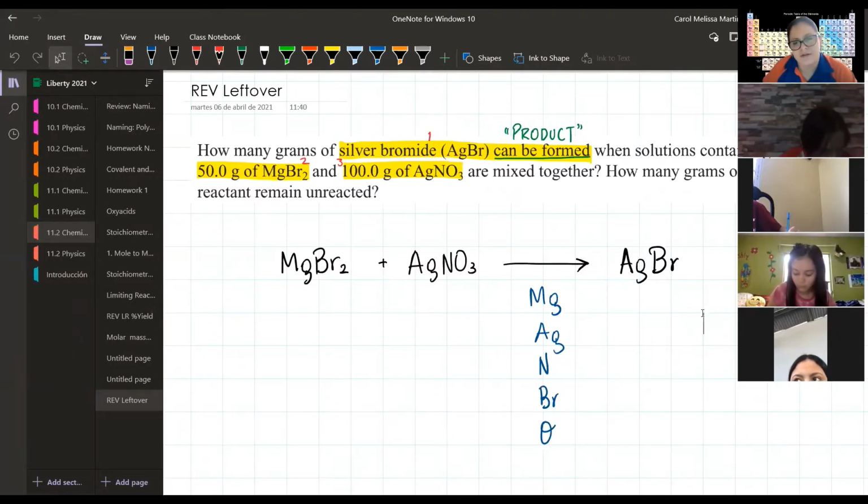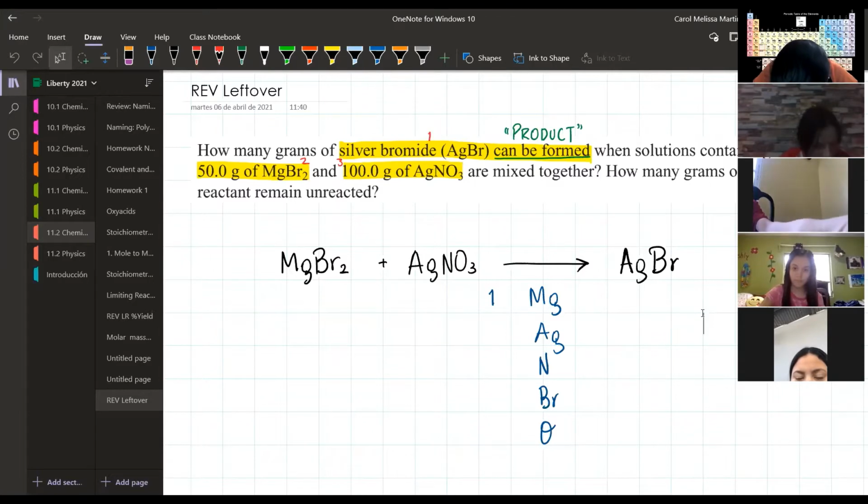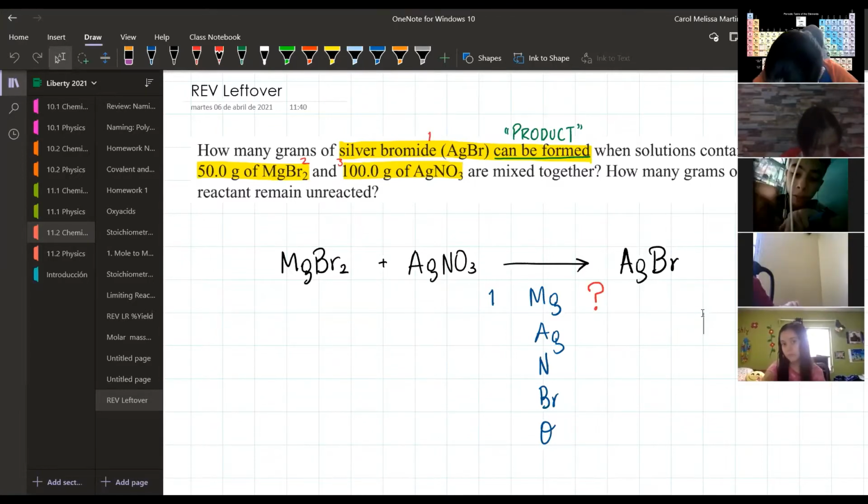So how many magnesiums do we have in the reactants? 1. How many do I have in the products? 0. Okay, 0. Now, 0 cannot be.